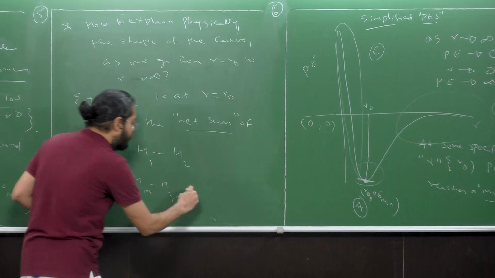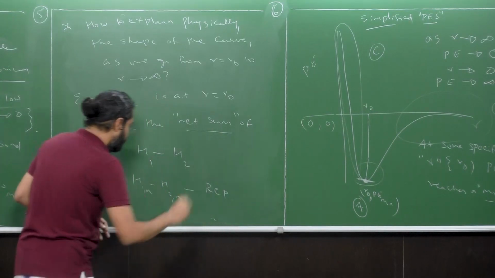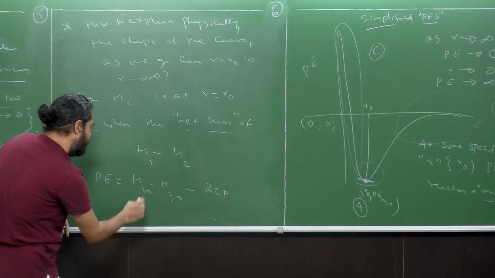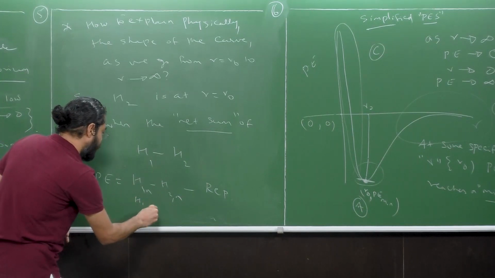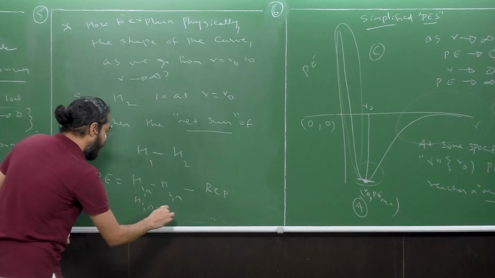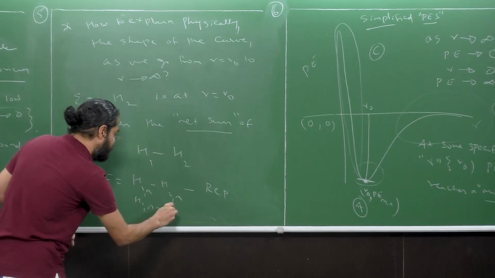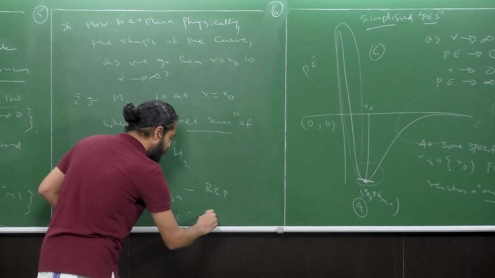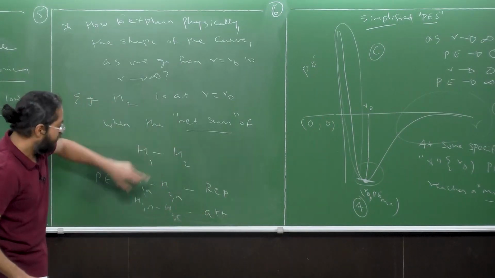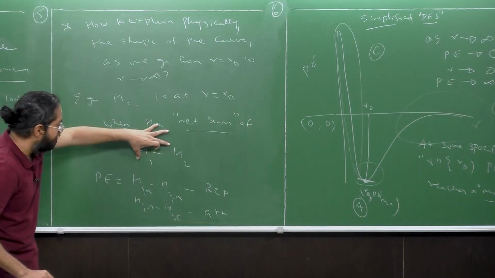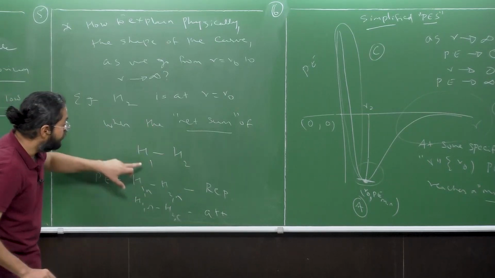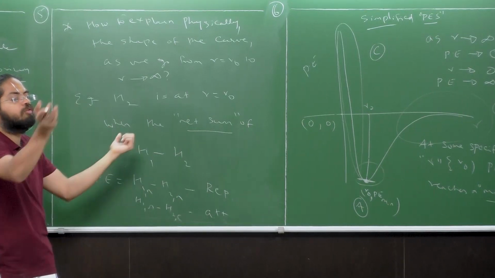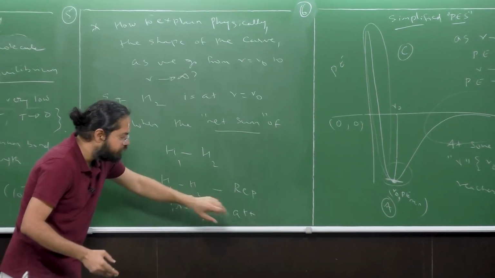This is going to be a repulsive force. Next, we're going to have the H1 nuclear and the H2 electron attractive force. The nucleus is going to attract the other hydrogen's electron, and because they have opposite charges, there's going to be an attractive force.